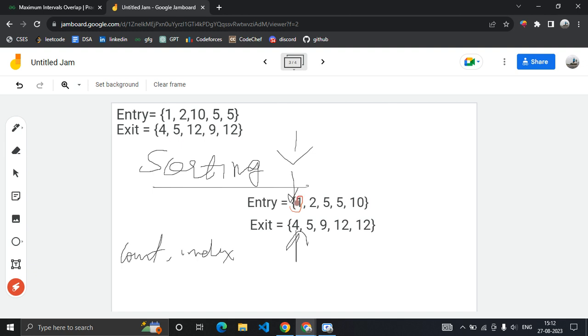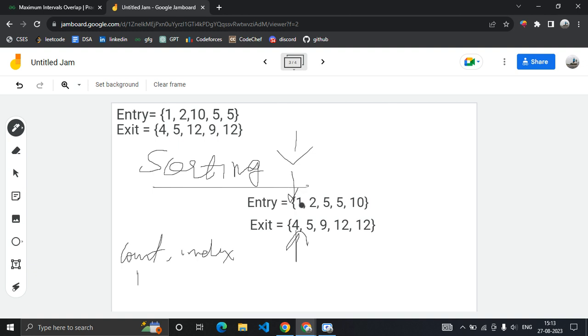We can see clearly that 1 is lesser than the exit time, so I will increment the count. Count initially is 1 because, for example, you are the first guest and we have to consider you, because without considering you there will be no guest present. So I consider count as 1 initially.